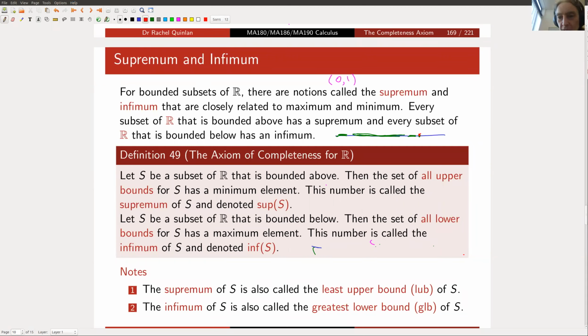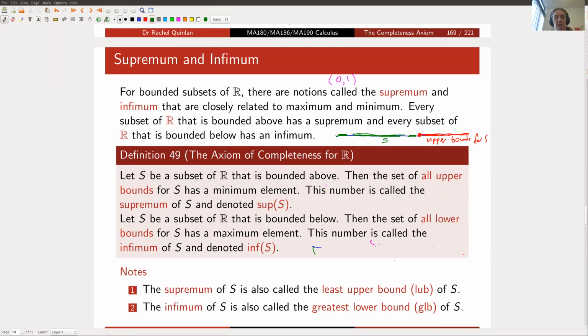Here's such a point, let's say. If that's an upper bound for S, then so are all these points to its right. All these points that are colored red are upper bounds for S. If you have one upper bound, then everything to the right of it is also an upper bound for S.